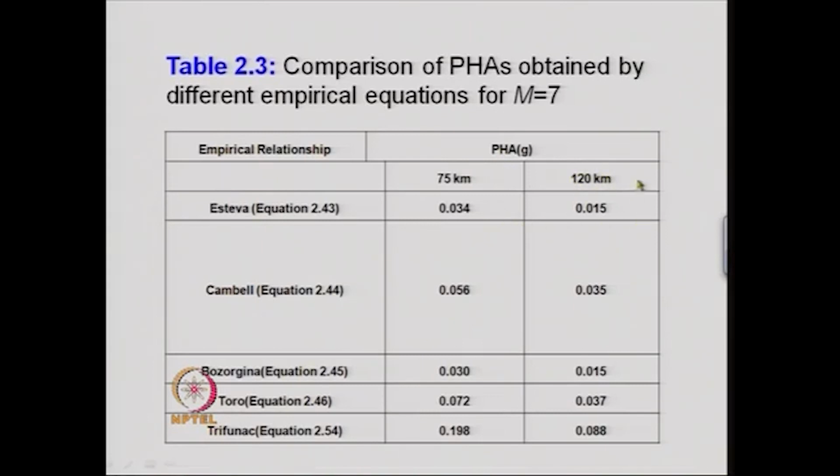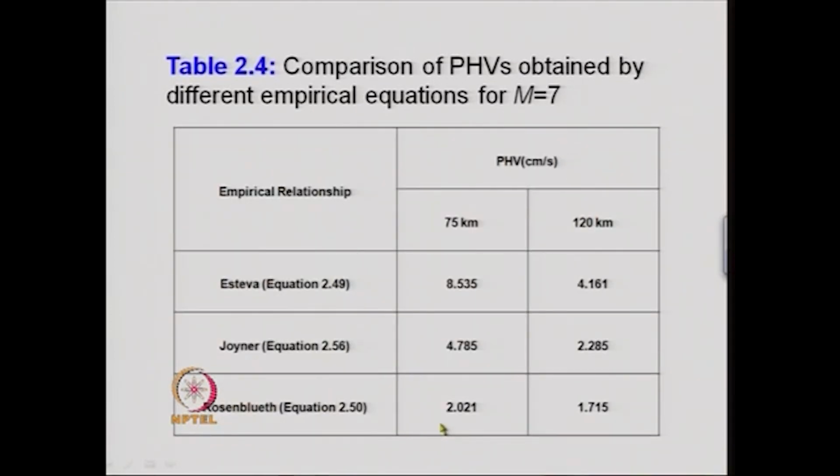At 120 kilometer distance, we can see that there is a similarity between Esteva and Bojorgina, and they have a good similarity with Toro and Campbell, and again there is a large departure of the PHA calculated by the equation of Trifunac.